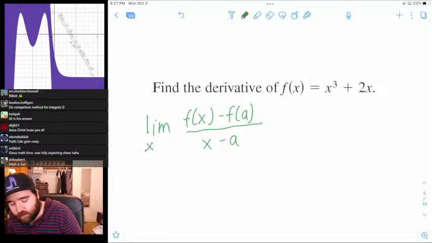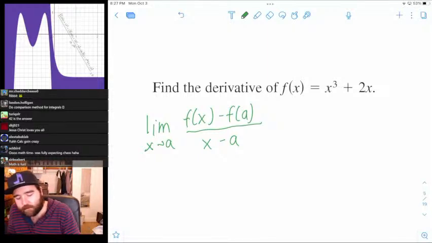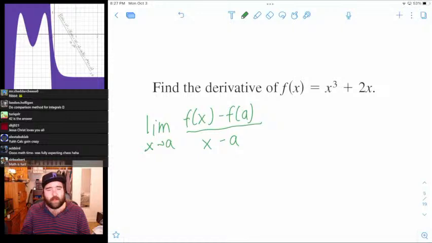And what we did was we wanted to see as that x value got closer to a, as that x value gets closer to a.